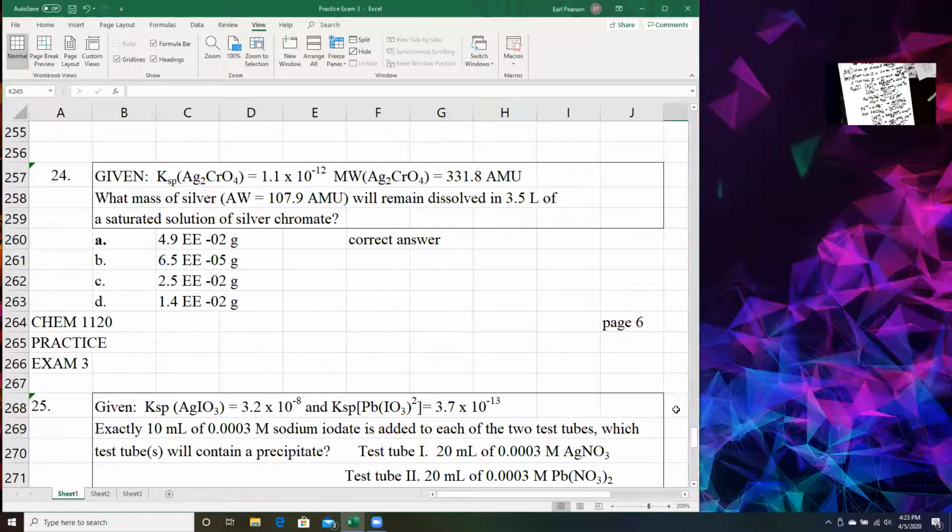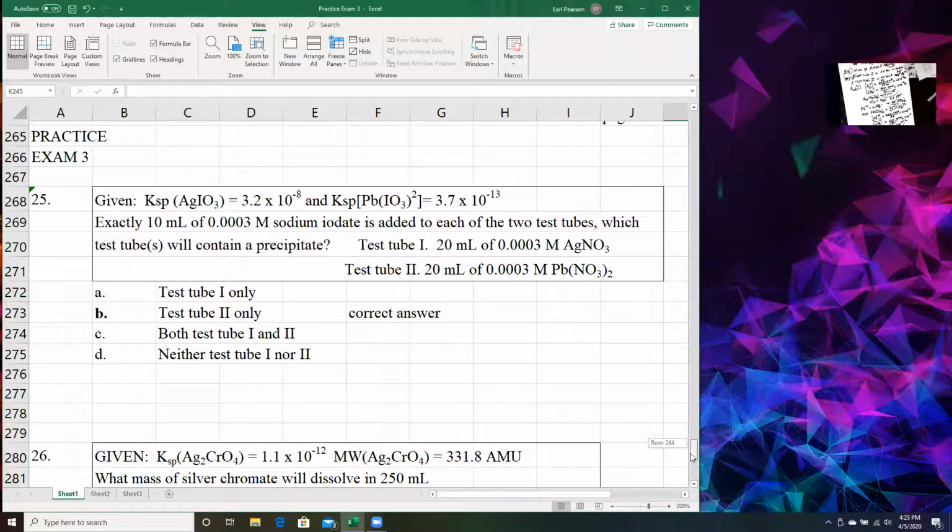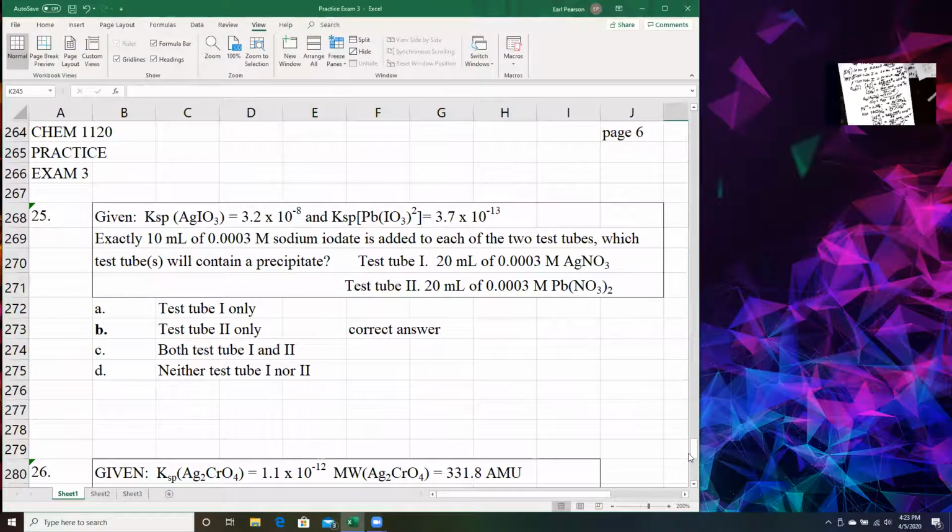So let's go back and see if that's what we are supposed to be getting. Okay, so, oh, I should have got a precipitate there. Let me go back and look at that again.